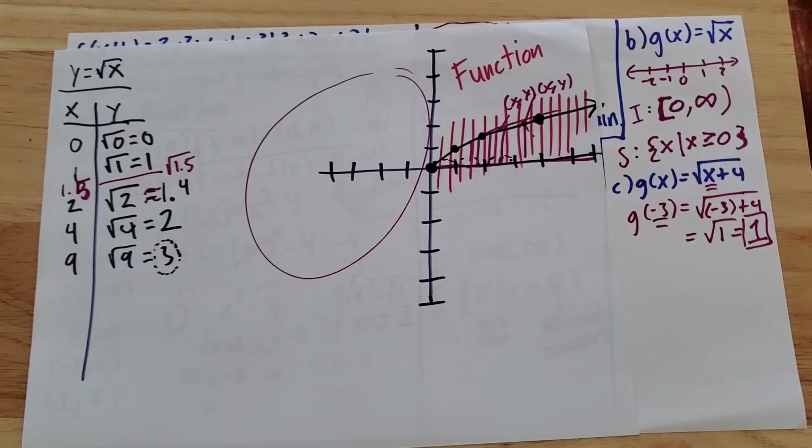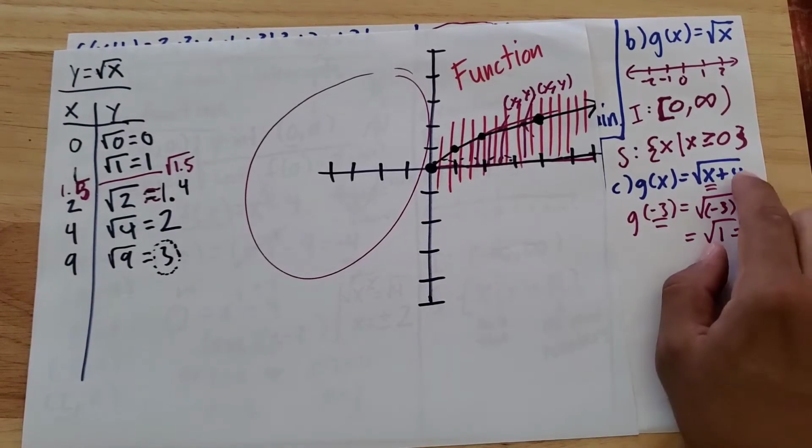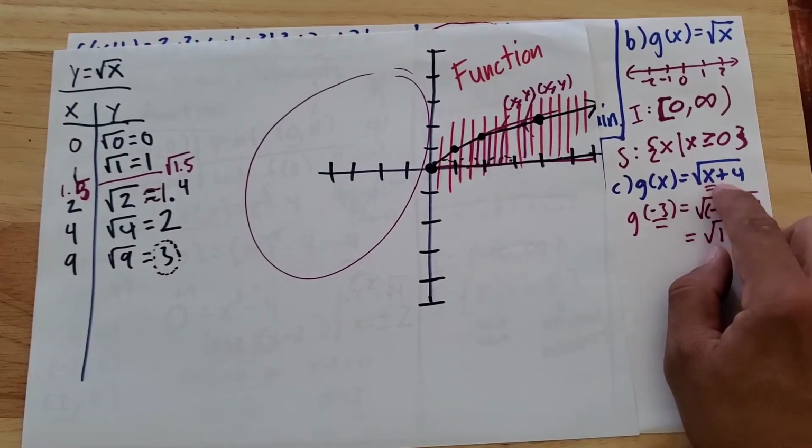And the idea is not that x cannot be a negative number, it's that the radicand cannot be a negative number. The radicand, the smallest the radicand can be is 0. So that means you want to start asking yourself, where is this radicand equal to 0?